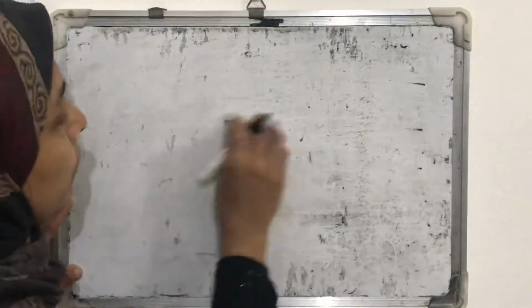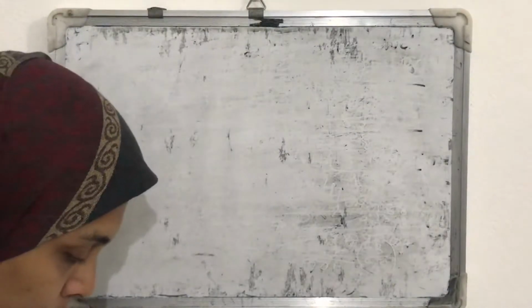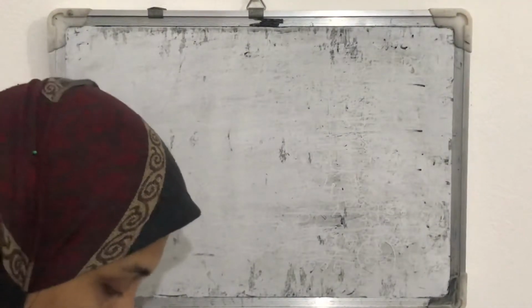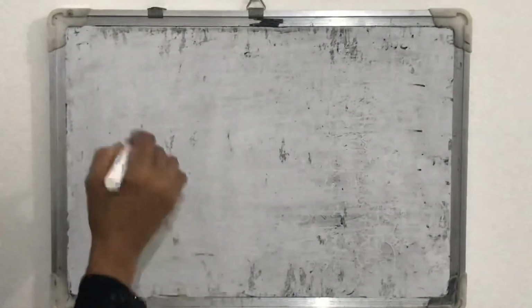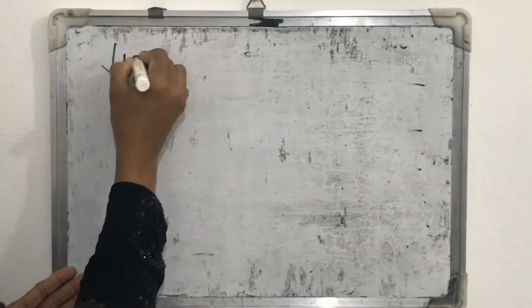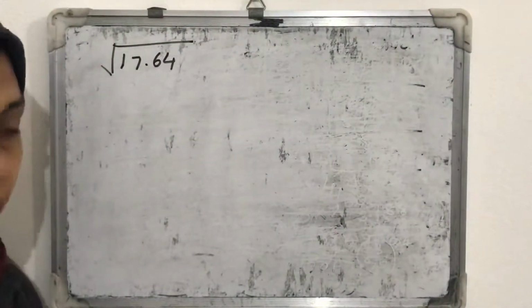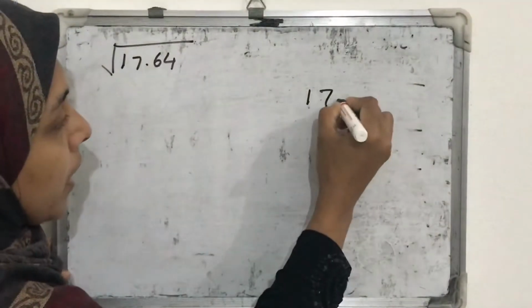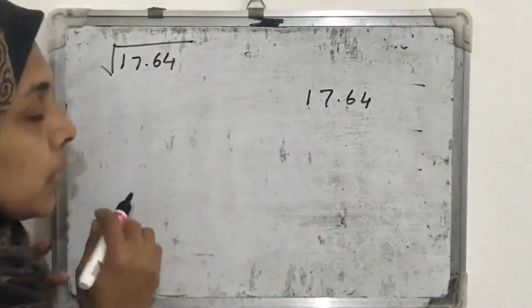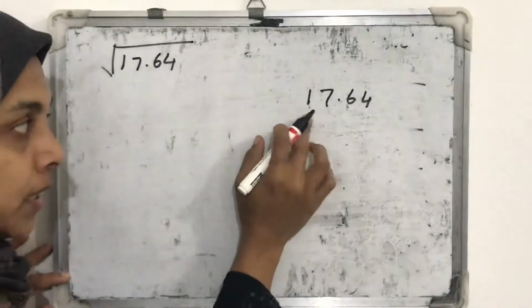Okay. Now we can discuss how we find the square root of a decimal number. Suppose one question: find the square root of 17.64. Here also we write that number normally, and then place the bars.